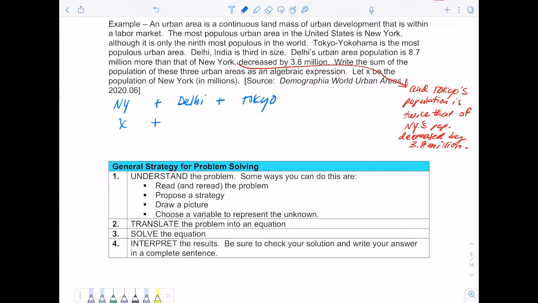So New York, we don't know what that population is. That's just X. Delhi's is 8.7 more. So I'm going to put X plus 8.7 for Delhi, because it's whatever New York says plus 8.7 million more.